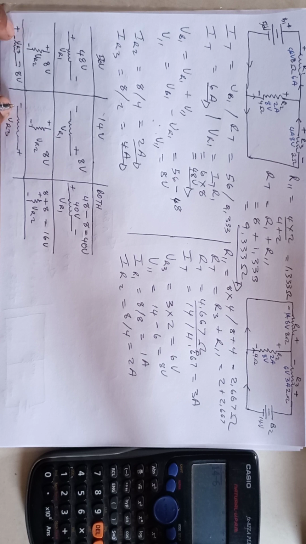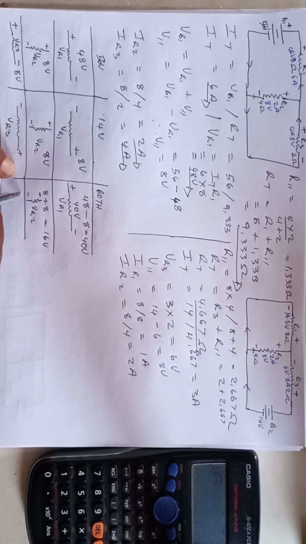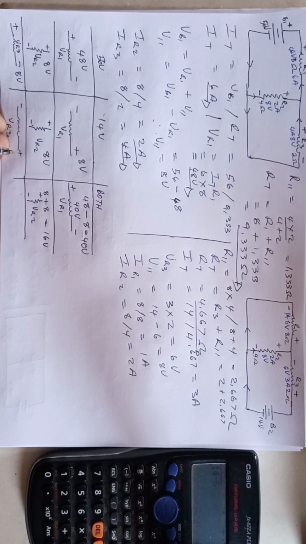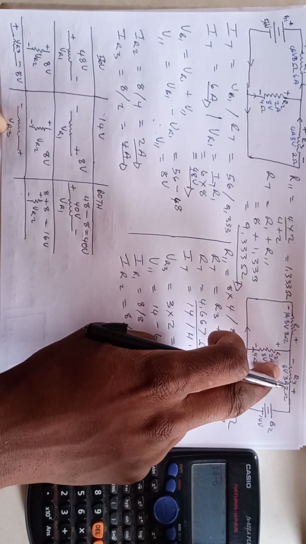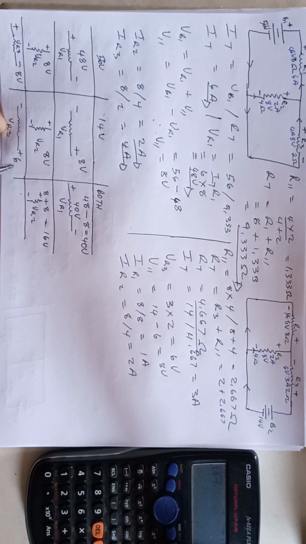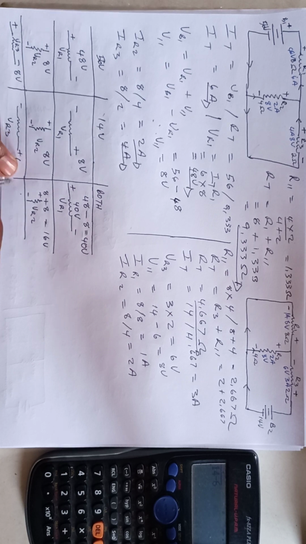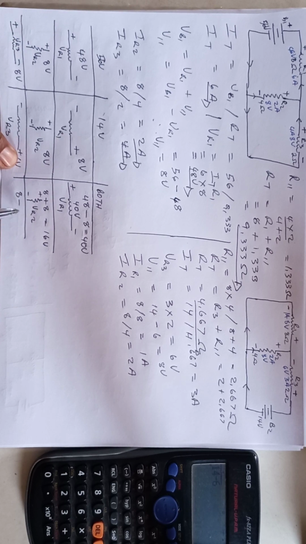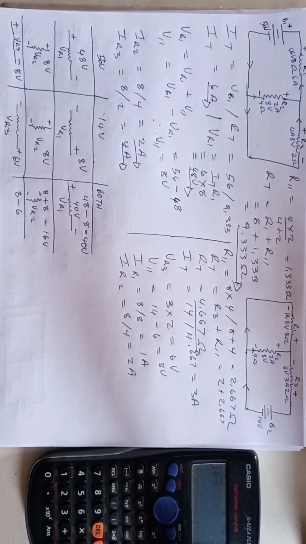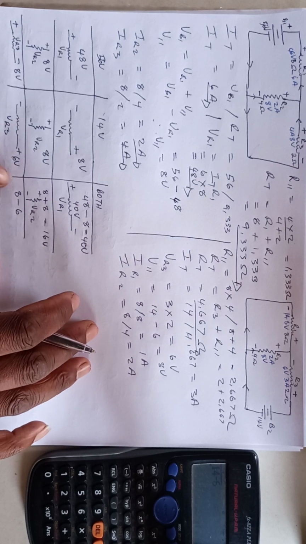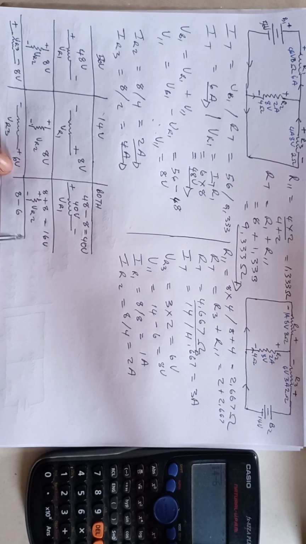Let's come to VR3. On VR3, the polarity is not the same. So what will happen here is, what was VR3? It was 6 volts. So this 6 volts will be subtracted from 8.